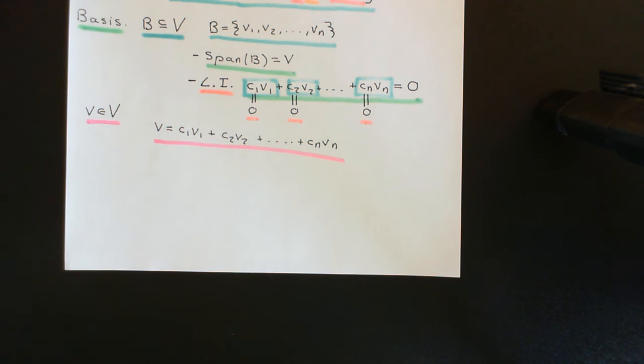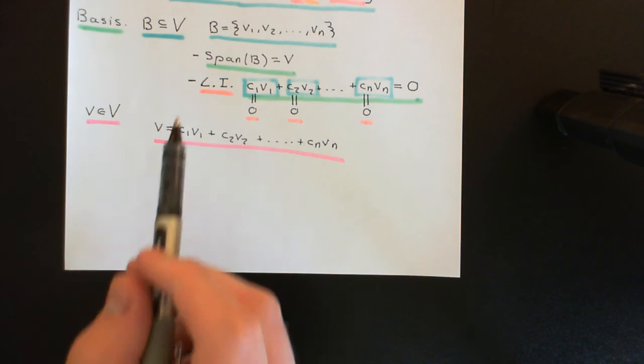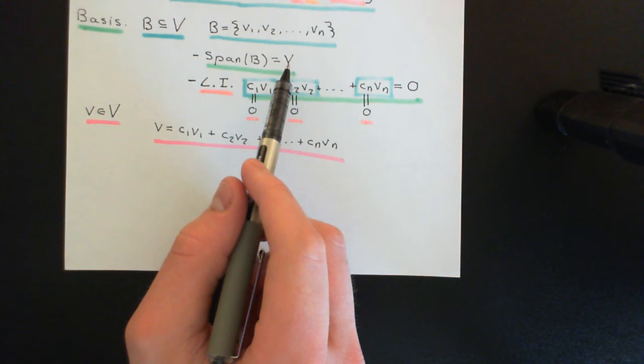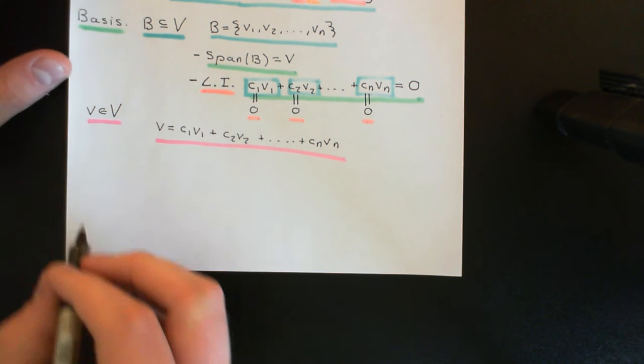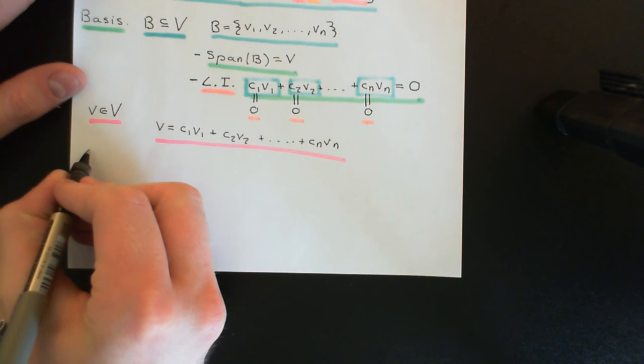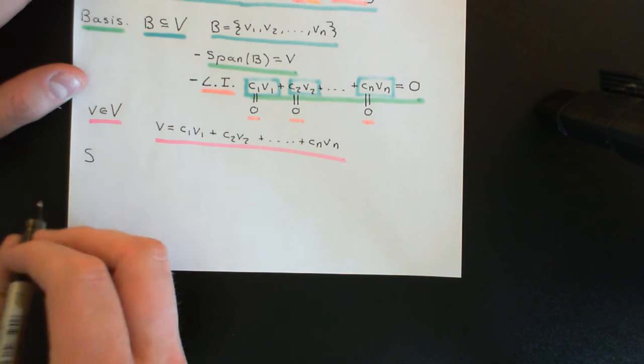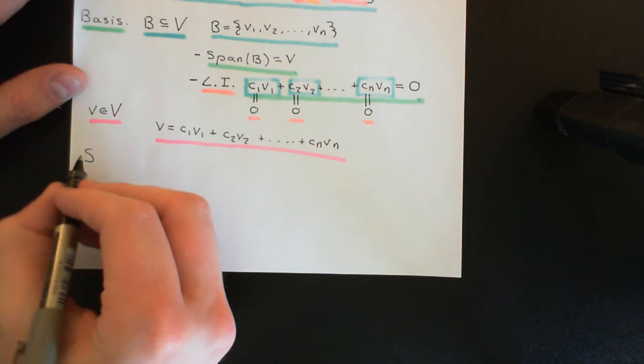So that is the set of vectors that we are going to start off with if we're going to try and construct a basis, because remember, one of the conditions of a basis is that it needs to span the entire vector space. So the natural place to start is with this set of vectors that we are given, which spans the vector space. Because we're working in a finite dimensional vector space, there will exist some finite subset of the vector space.